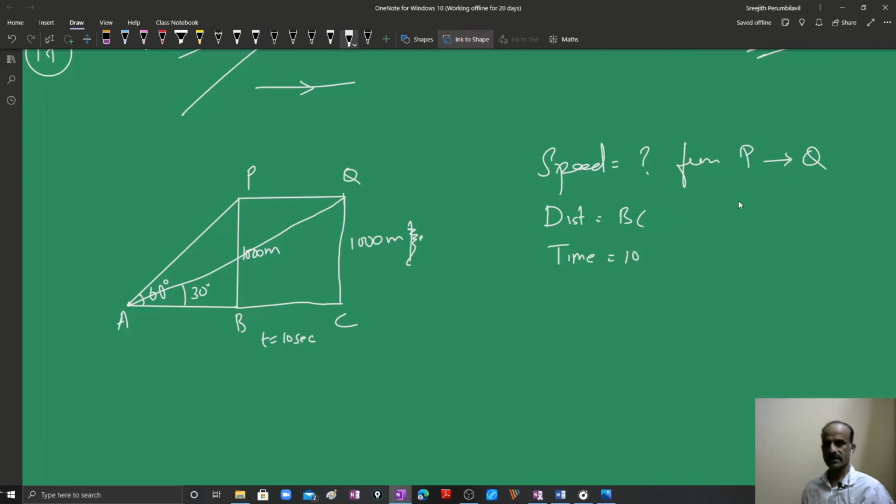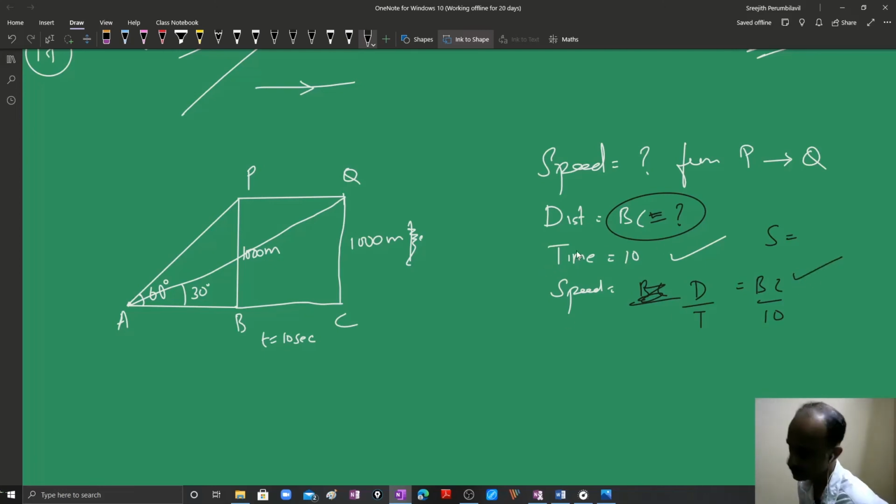In order to find the speed, the time is available. So if we can find out the distance BC in numerical values, speed is equal to distance by time, that is BC divided by 10. If we can find the numerical value of BC, that's over. That is what we are looking for.